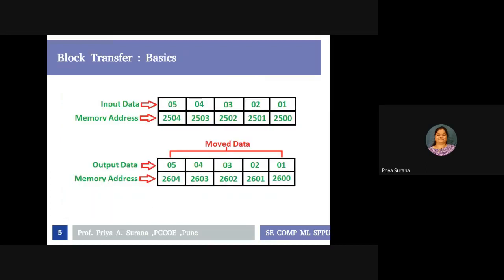One more example you can check here. This example is for non-overlapping, as you can see the memory addresses for source and destination are different.